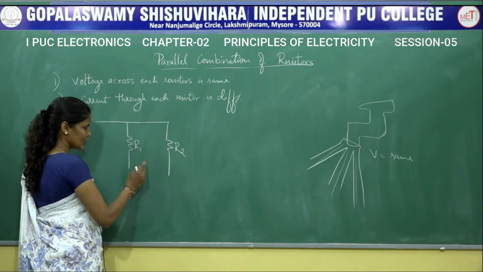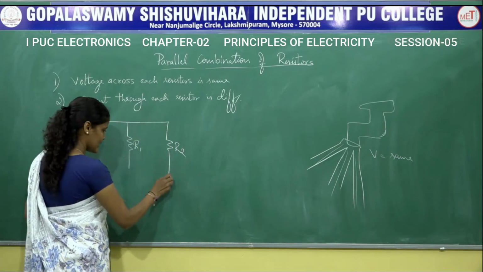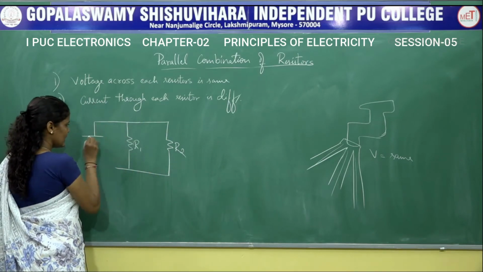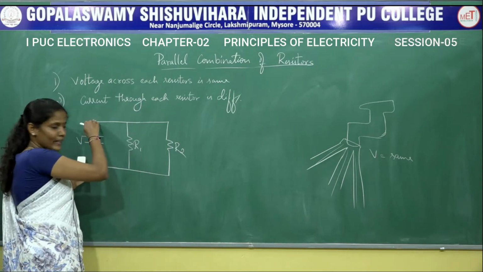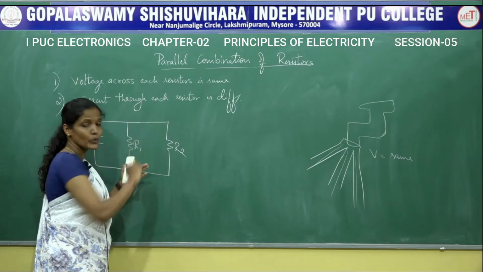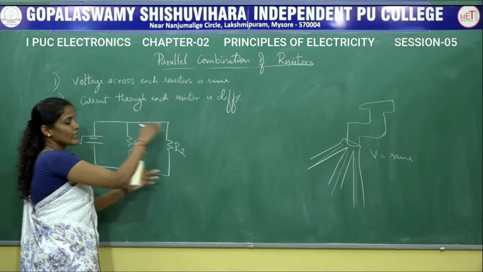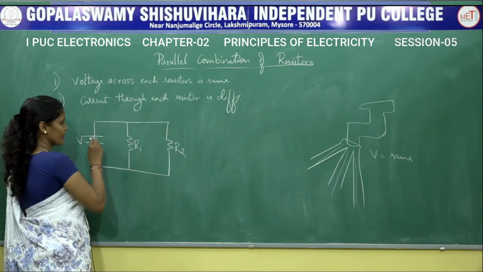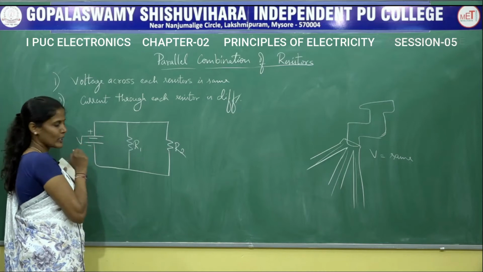If I consider two resistors which are connected in parallel like this, I am taking two resistors R1 and R2. Two ends of this resistor are connected to two ends of the second resistor. I am going to connect a voltage source V. So the voltage applied across R1 and R2 is the same. That is, the voltage across R1 is also V, the voltage across R2 is also V. This is the positive polarity and this is the negative polarity.